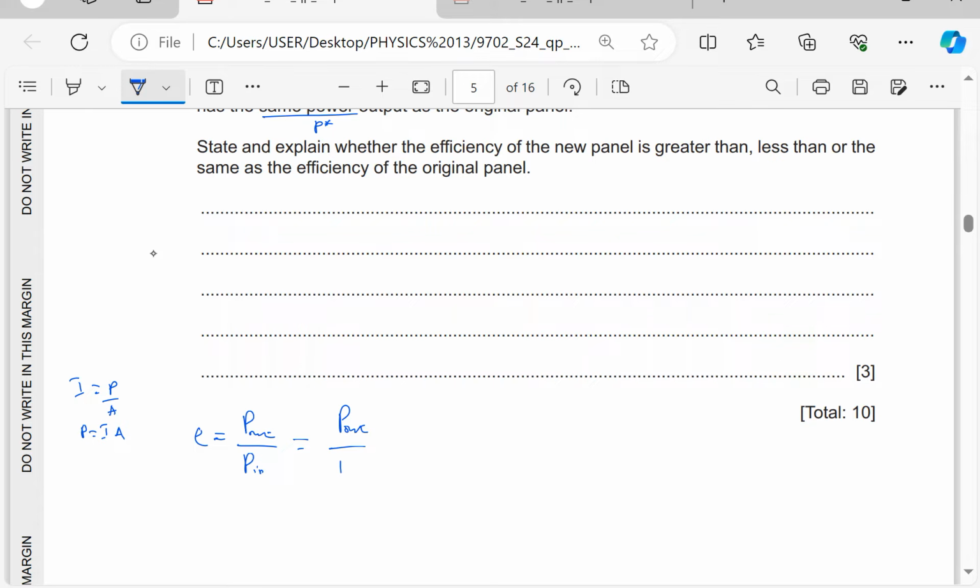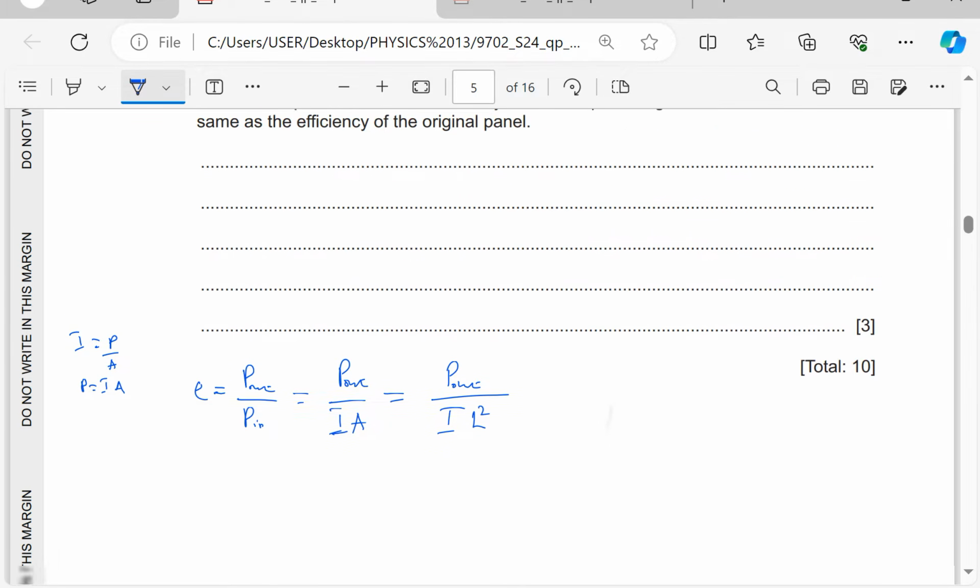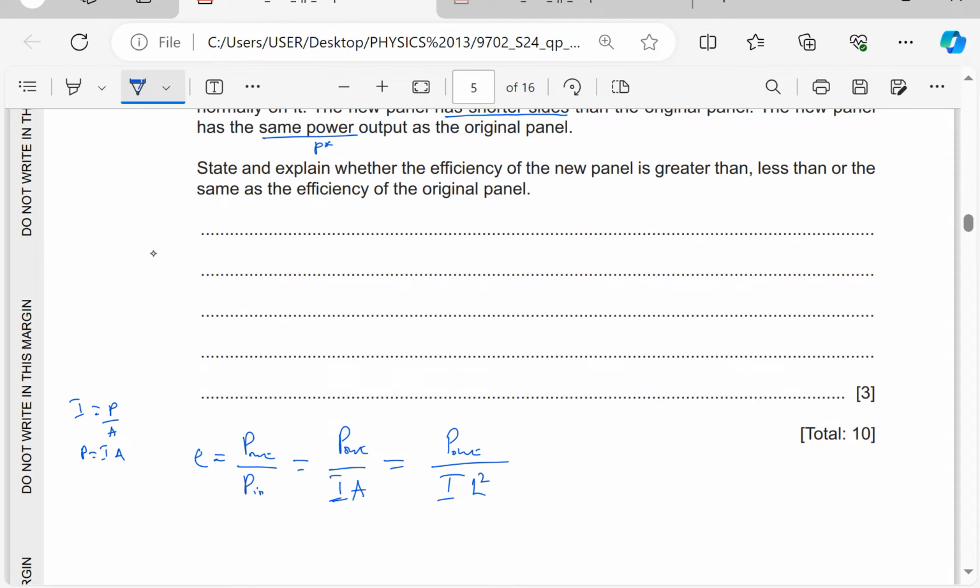So power input is going to be intensity times the area, and the area is length squared, or side times side, which is side squared.